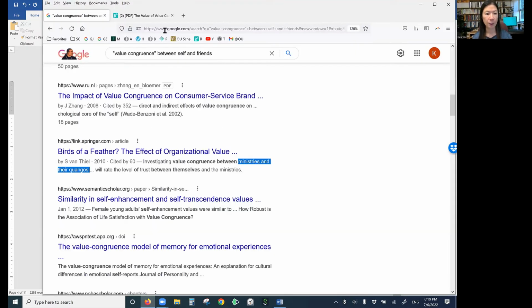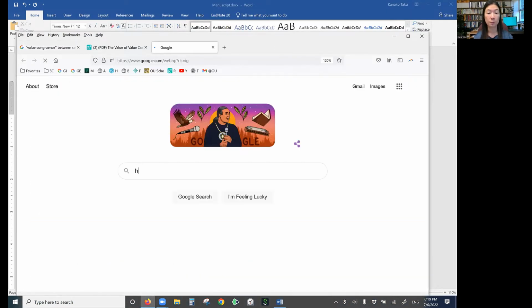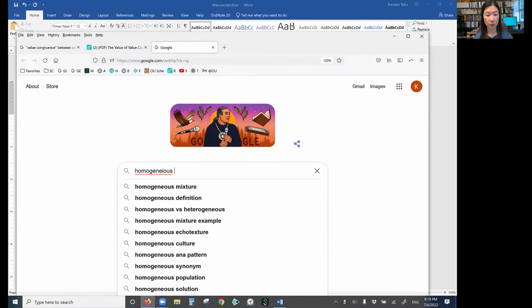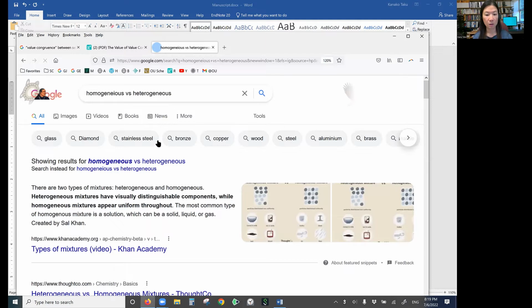What's that? That's another one I wanted to find. Homogeneous versus heterogeneous. Good. So heterogeneous mixtures have visually distinguishable components, while homogeneous is uniform.